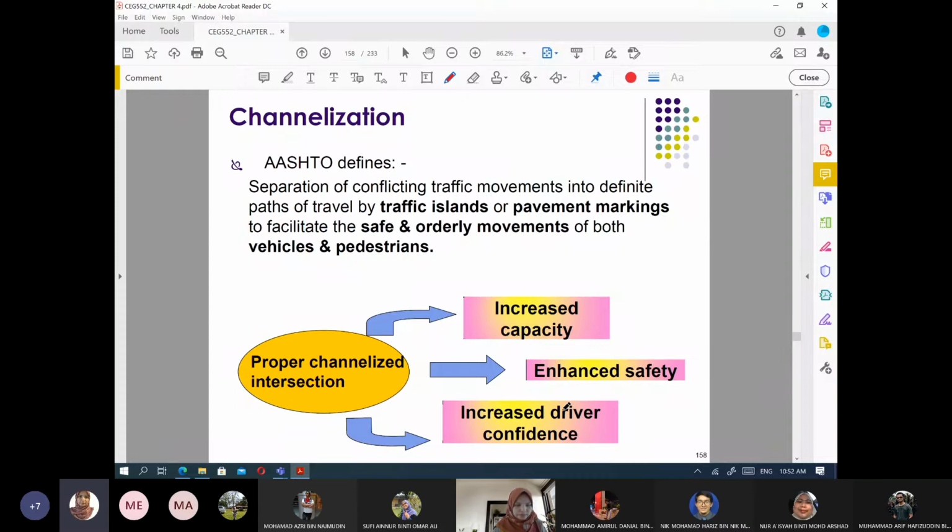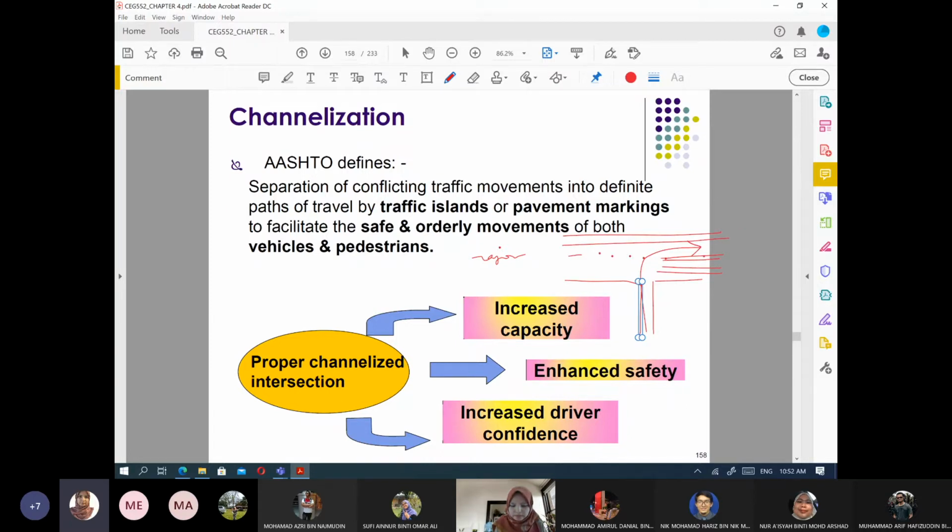Okay, increase driver confidence, especially when you are on the minor road, you nak cross a very busy major road kat sini. Major road ni, you nak pergi kanan pula tu, you nak cross pergi sana. Ni tak tahu ada berapa lane, ada 4 lane ke contoh, belah sana ada 2 lane lagi.